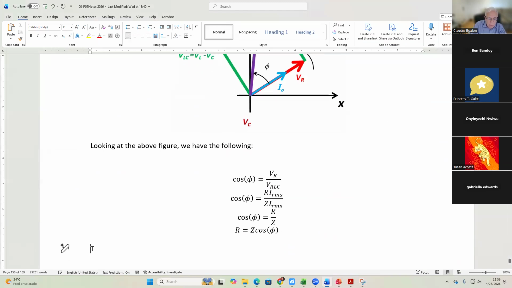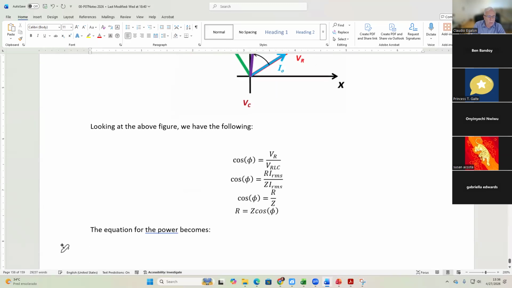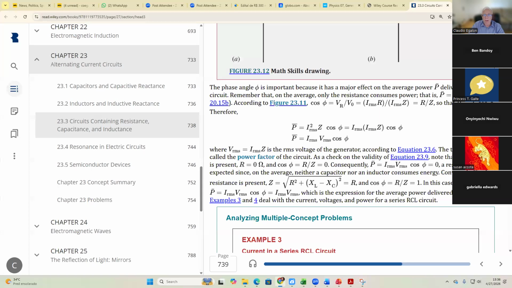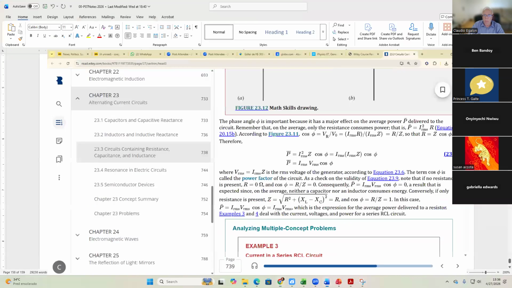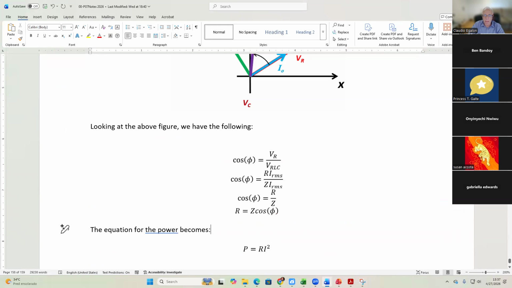The equation of the power becomes P equal to R I squared, okay? R I squared.